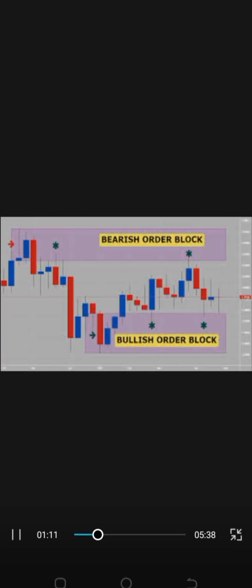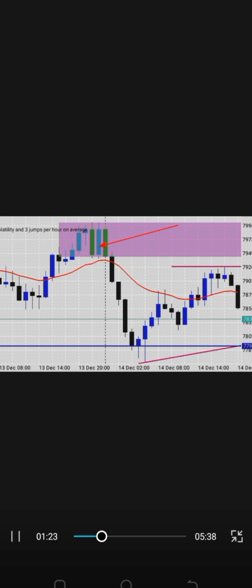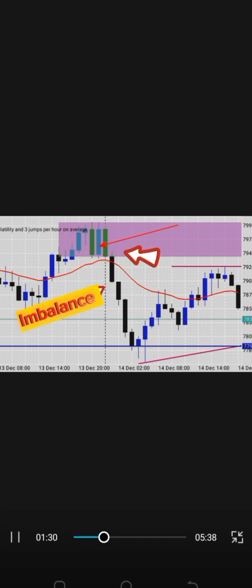A bullish order block is the last candle before the strong move up that creates a strong bullish imbalance and must be near or at the support or resistance. And a bearish order block, on the other hand, is the last candle before the strong move down that creates a strong bearish imbalance and must be near or at the support or resistance.